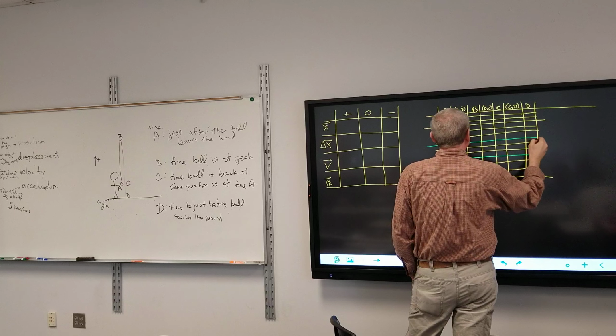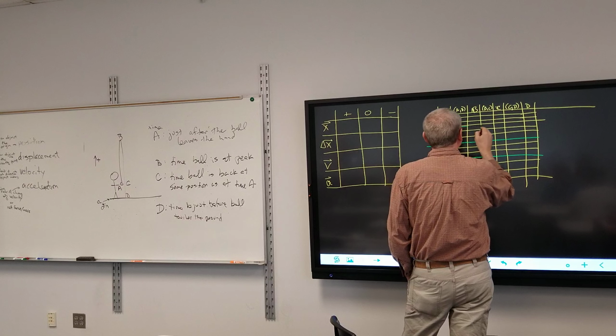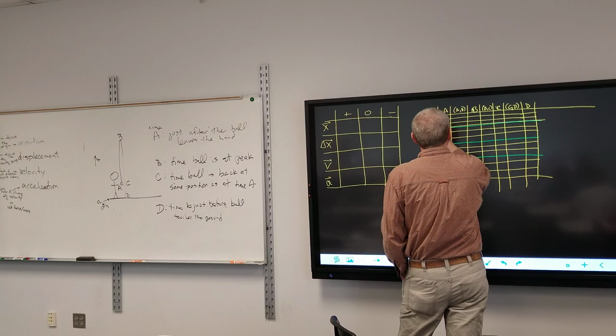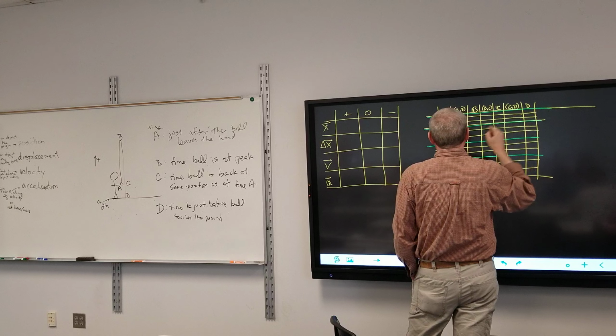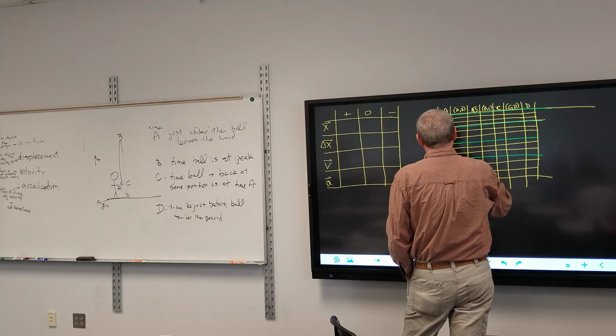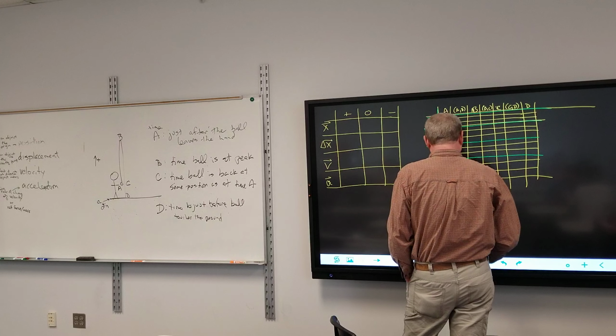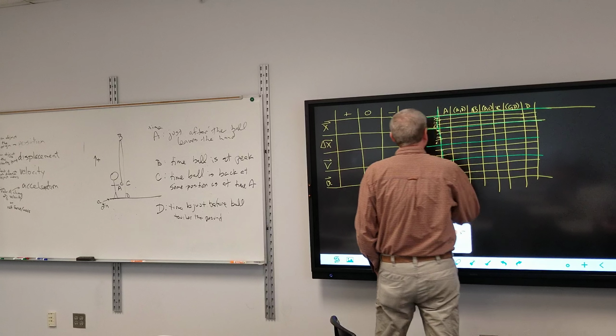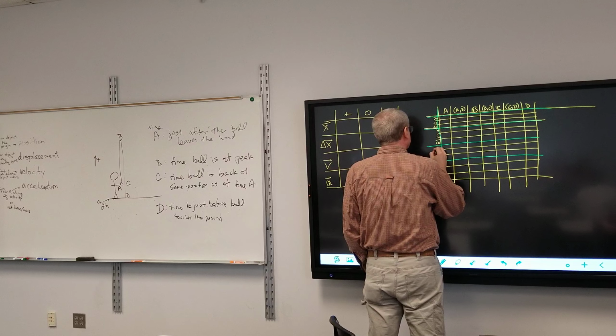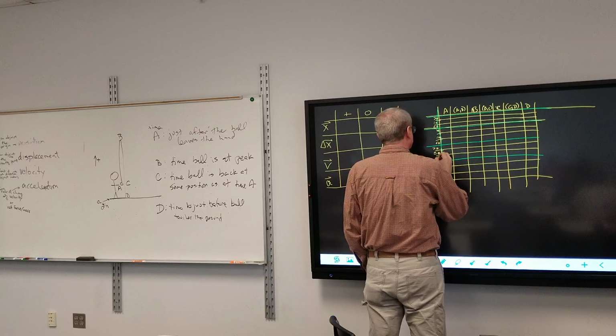Okay, so the change in velocity over time is acceleration, correct? Time rate of change of velocity, yeah, acceleration. So the rate of acceleration at a parabola's peak is 0, so that has to be 0 on b for acceleration, and then the rest should be negative all throughout after b.